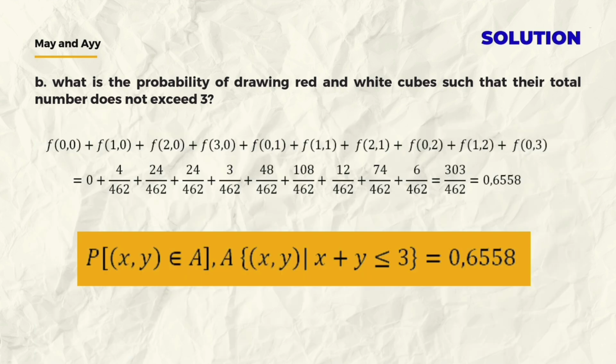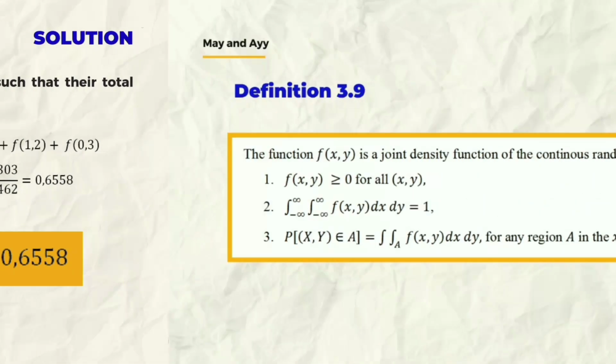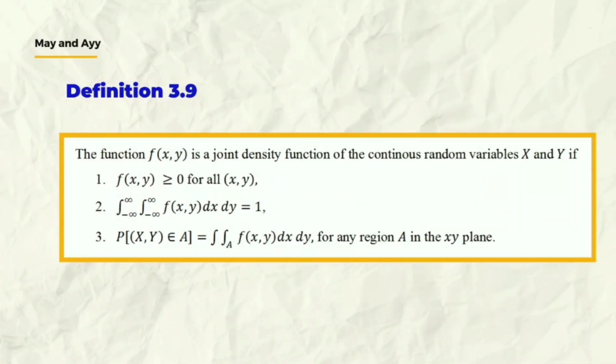Like this. If we have summed it, the result will be 303 over 462, which equals 0.6558.